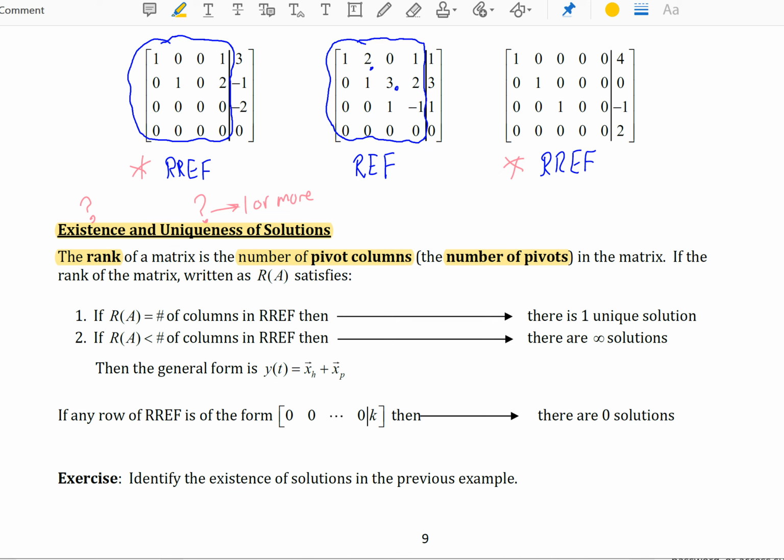If the rank of your matrix is equal to the number of columns, then there is one unique solution. And I should specify here, it's the number of columns in the coefficient matrix. I did say A, but let's make sure we say it's the coefficient matrix.